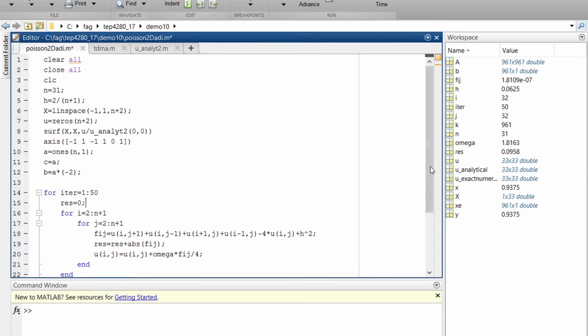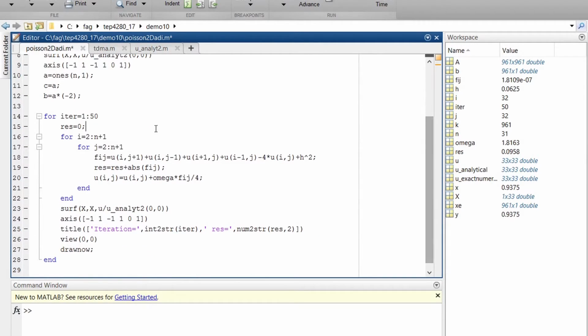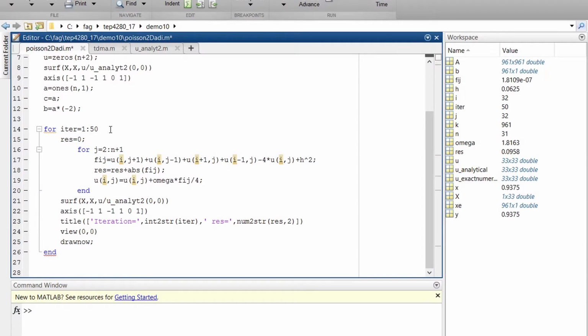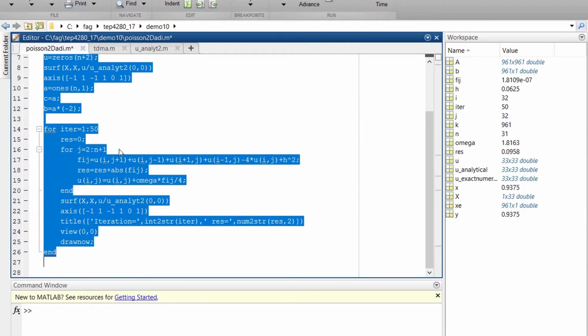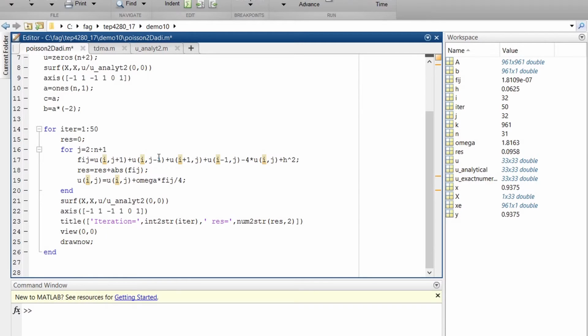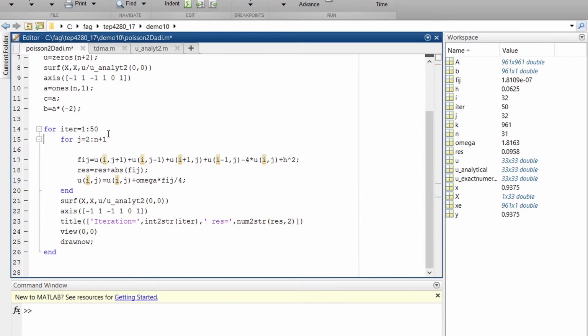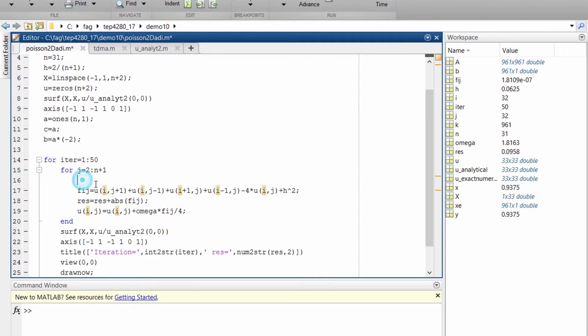So we can still keep this residual, but now I only have a one-dimensional line here, for all j's equal to. So now, actually we don't need this residual. Can remove him as well.